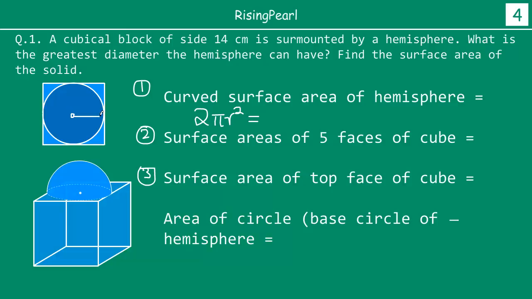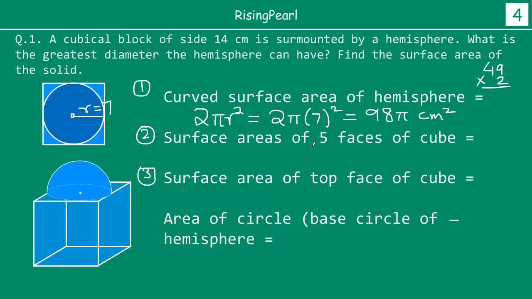Well, we know that r is equal to 7, right? So this will be 2 pi times 7 square, or 7 sevens are 49, and 49 times 2 will be 98. So this will be 98 pi centimeter square. So the curved surface of the hemisphere is 98 pi.